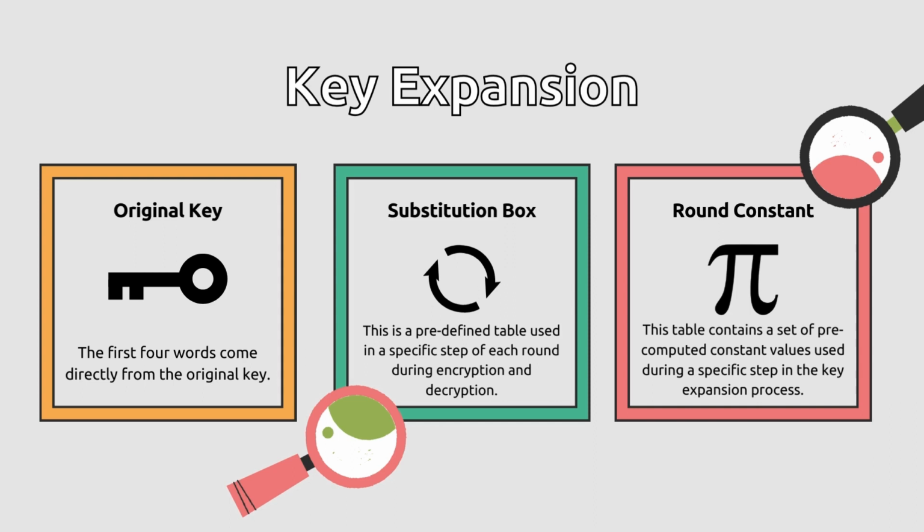In this key expansion, first we need an original key. The first four words come directly from the original key. Then the substitution box. This is a predefined table used in a specific step of each round during encryption and decryption. And a round constant. This table contains a set of pre-computed constant values used during a specific step in the key expansion process.